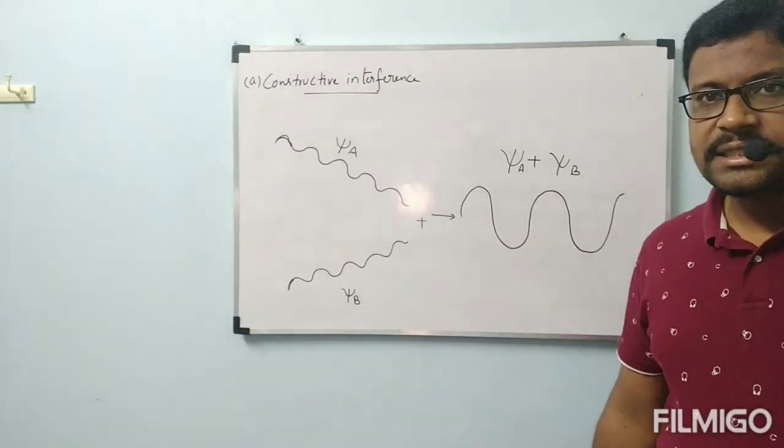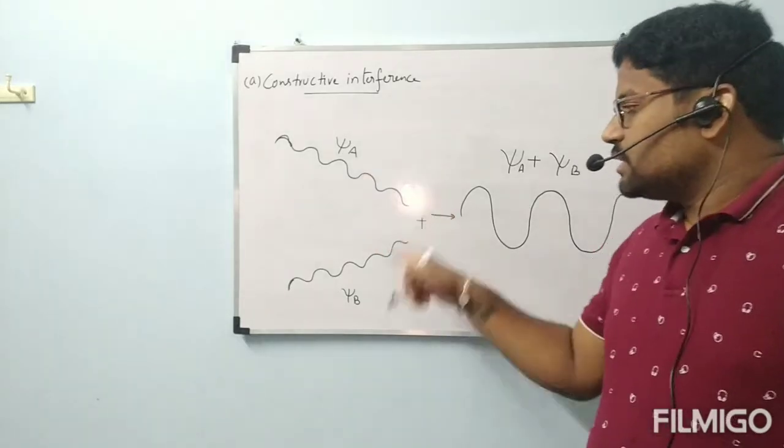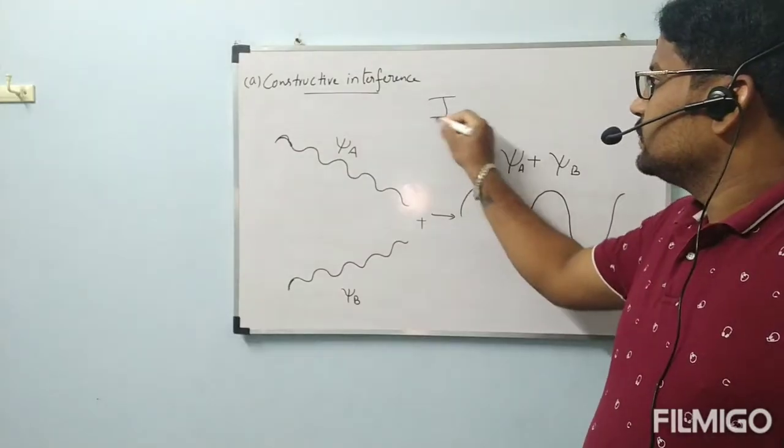After this we will see destructive interference. This process is also called the two waves being in phase.